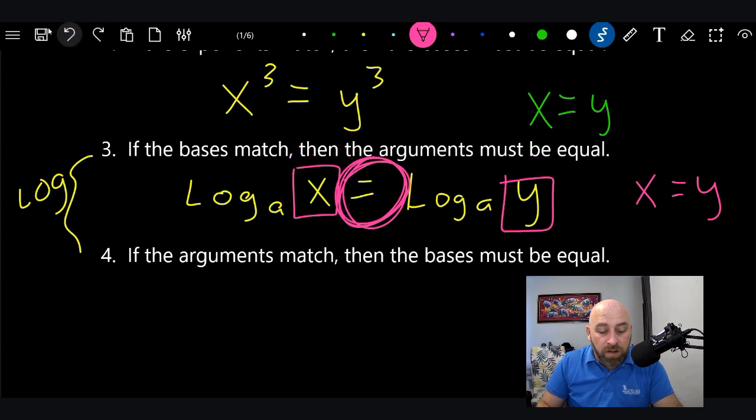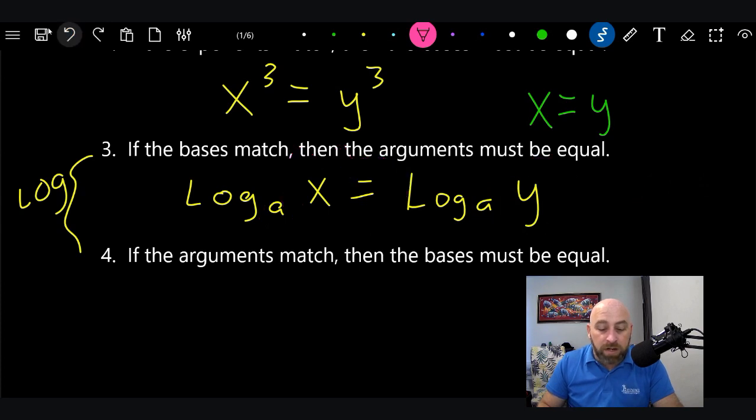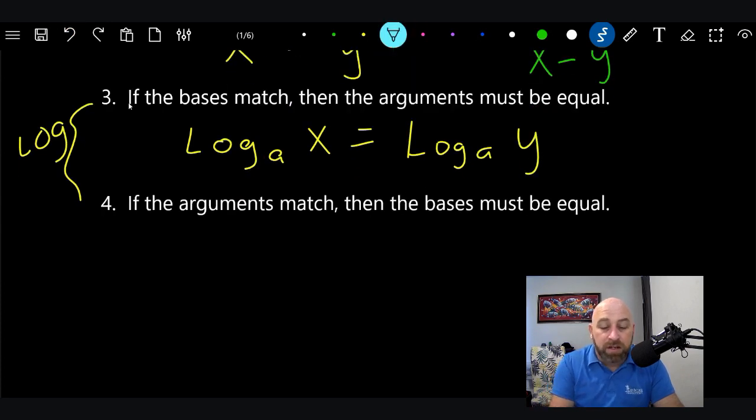Number 4. Again, we're doing the same thing here, except we're switching up the words. So if the arguments match, then the bases must be equal. So what does that mean?